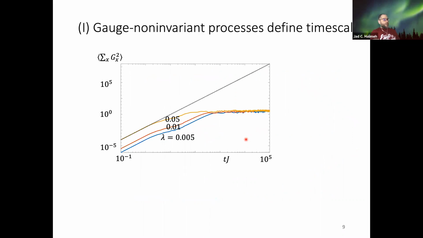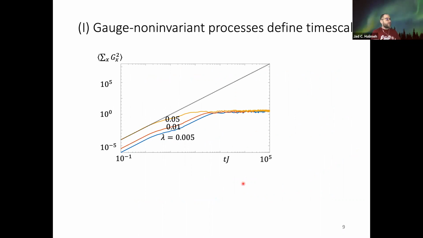Now, if we look at these errors, lambda at their strength, we see that we have a time scale. So here I'm showing you several values of lambda, and no matter what value of lambda you see, you have an intrinsic time scale over which this violation grows in a controlled way.